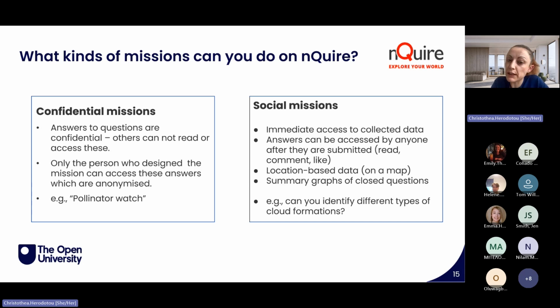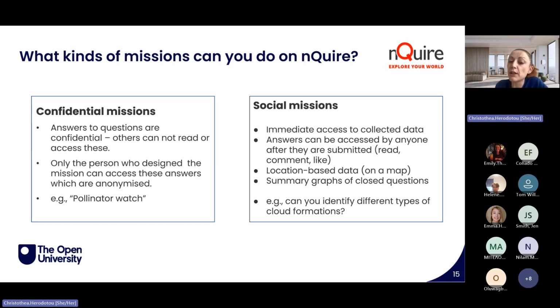Social missions is quite innovative though, because whatever you post there becomes open to anyone who visits the platform to read it, like it, or comment on it. So in a way, you can see what others are saying about the topic of the study. Also, social missions have some visualization features, I would say.